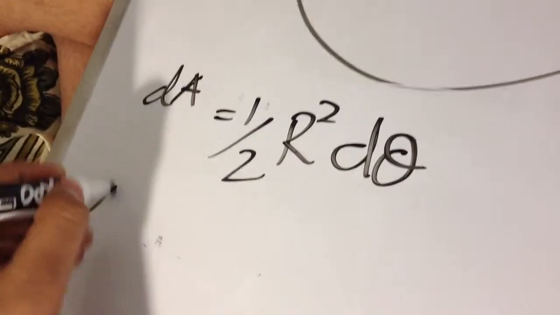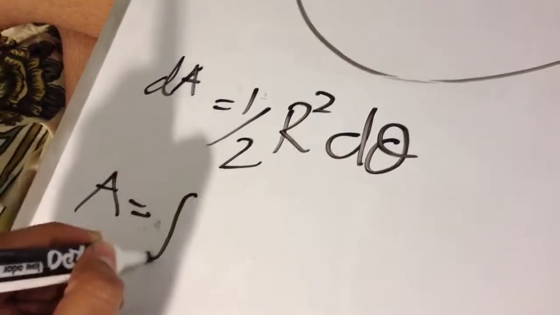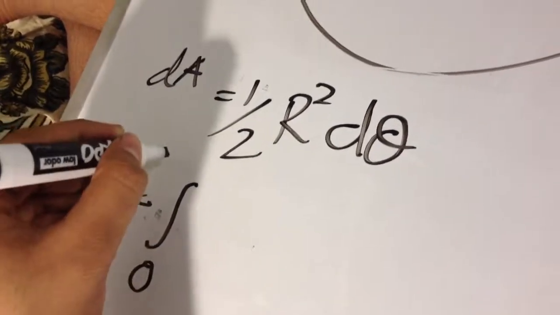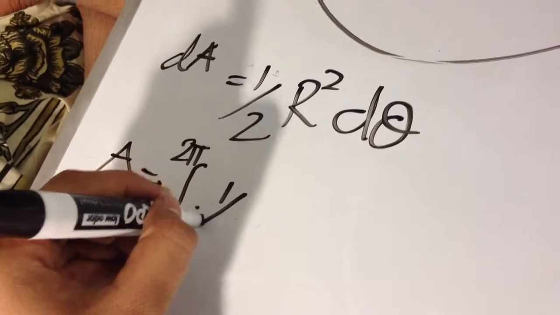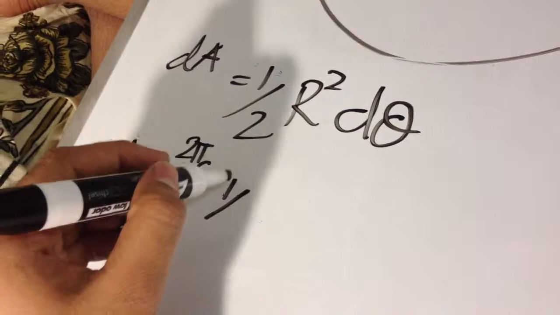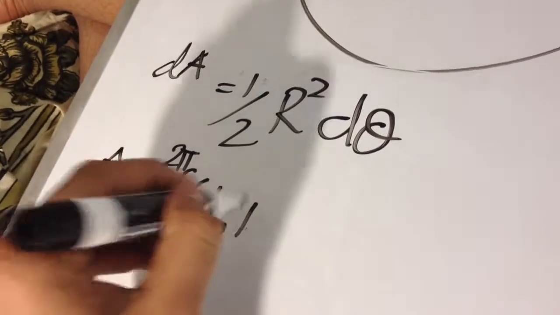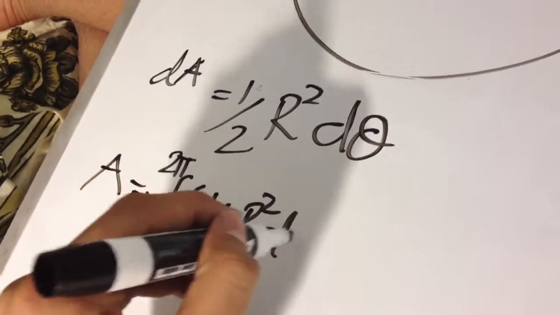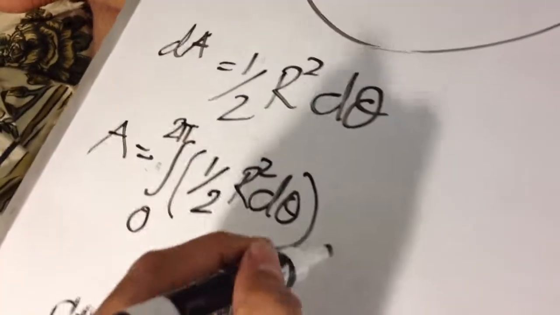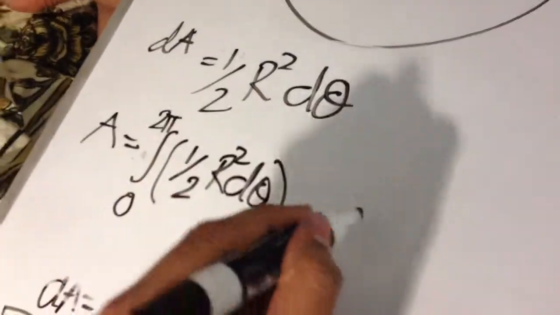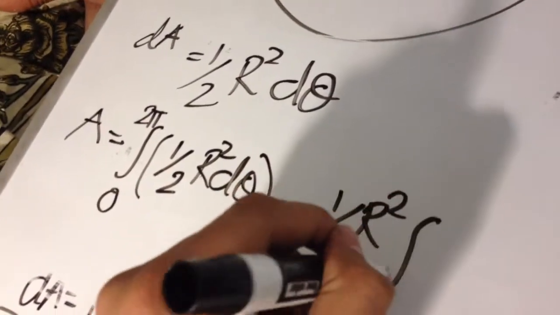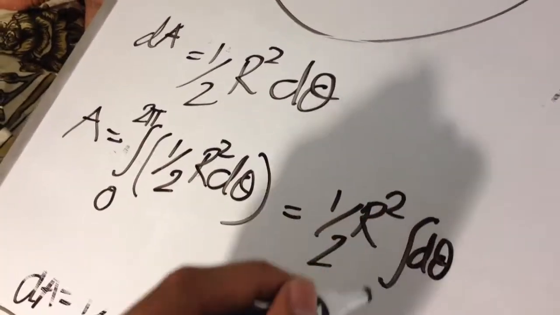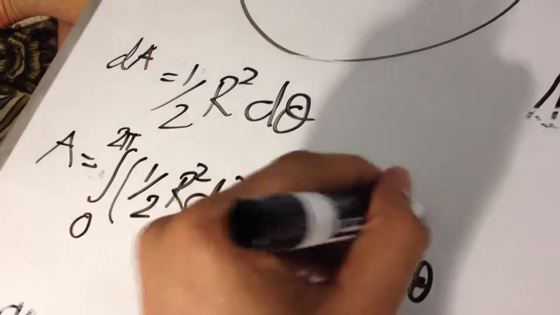So total area should be integration from 0 to 2 pi, or 360, of this function, half r squared d theta, right? Which, in other words, is half r squared times integration of d theta, 0 to 2 pi.